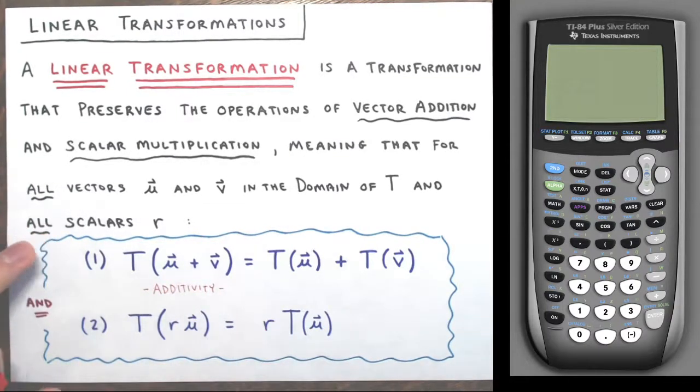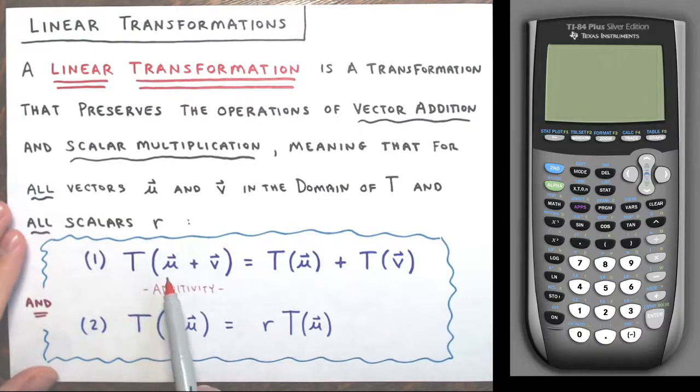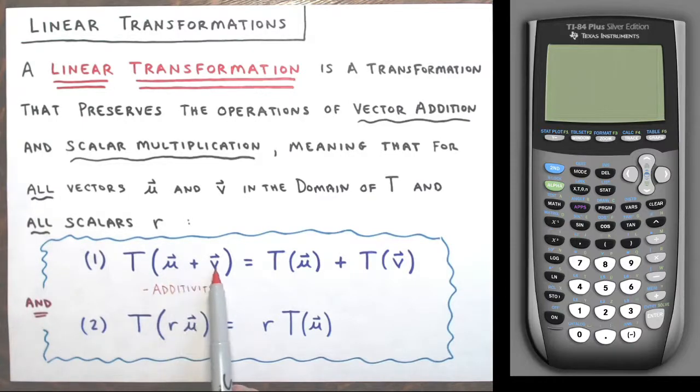Additivity, this first one. And again, when I say preserve vector addition, that simply means if you want to find the output for the sum of two vectors from the domain, you can either take the sum of those vectors first and then apply the transformation to find the output, or you can apply the transformation first to those two vectors and then add, and you'll get the same results. So that's what I mean here by preserving vector addition.